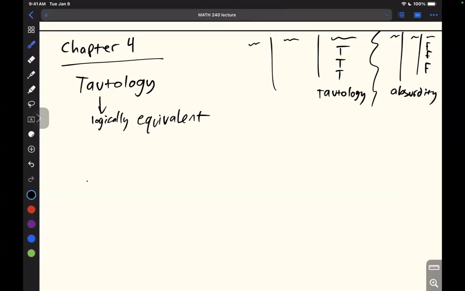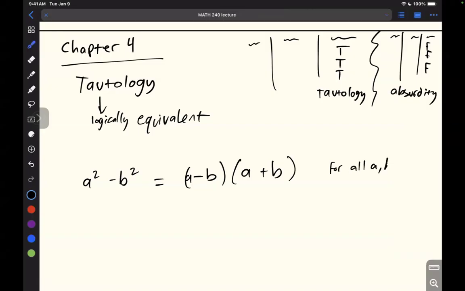So for example, we know that a squared minus b squared is going to be logically equivalent to the expression a minus b times a plus b, for any real number, right? We know that that's going to be the case.